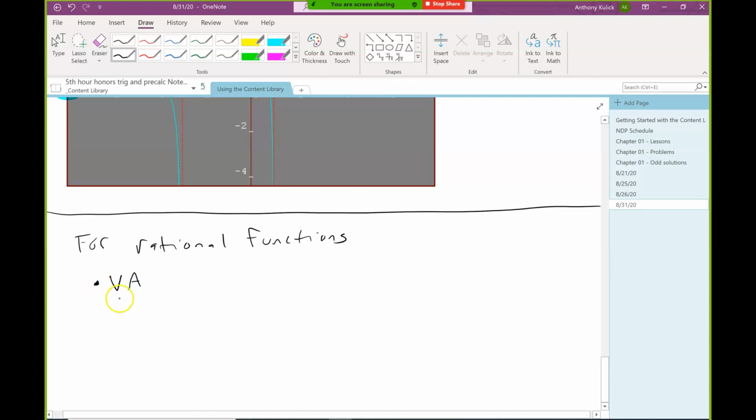So for the vertical asymptote, to find that, or those, you just set the denominator equal to 0, and then you solve. Everybody's okay with that?